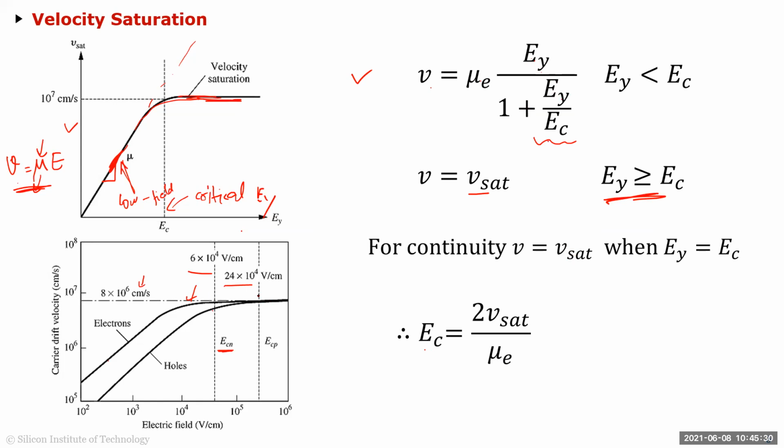The critical field is this field where it is saturating. Okay. And like I said, these are all empirical. So you get these EC values, these critical field values, from VSAT values; after the chip is fabricated, you measure them and you get it. Okay.